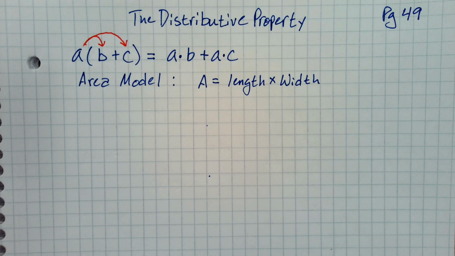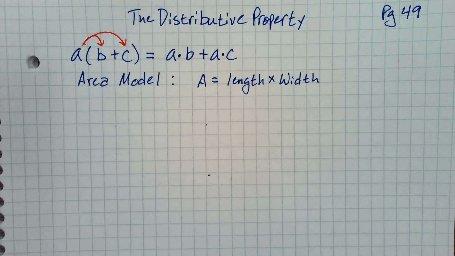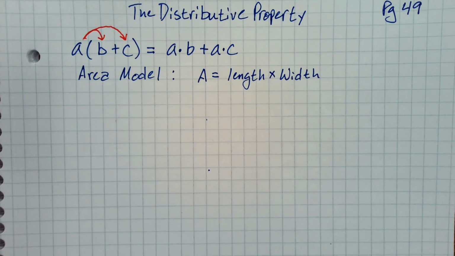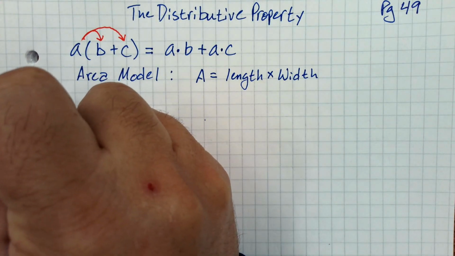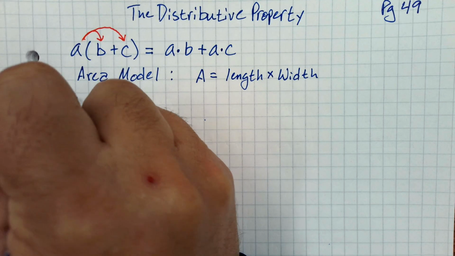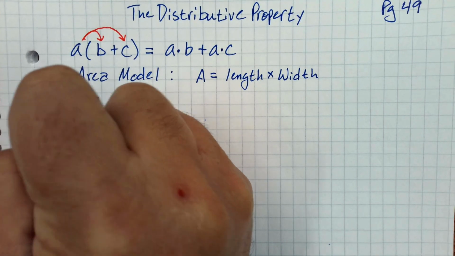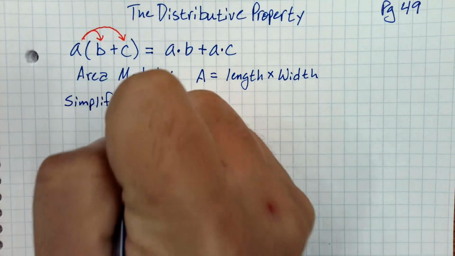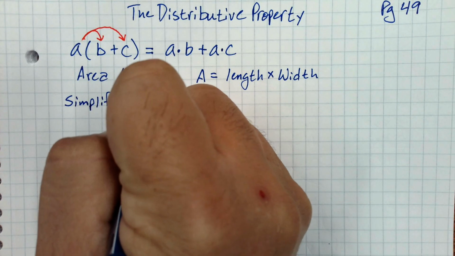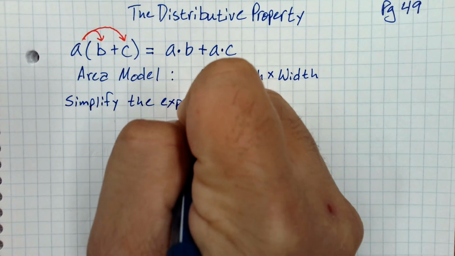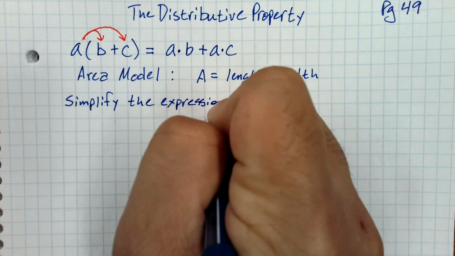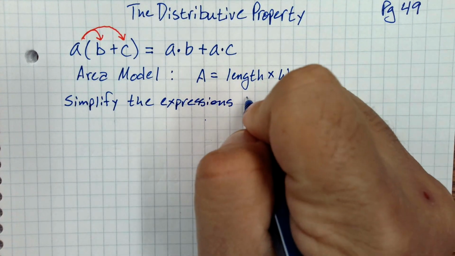So we're going to go ahead and use this for simplifying using the distributive property. Let's just get right into it. We're going to simplify the expressions by distributing.